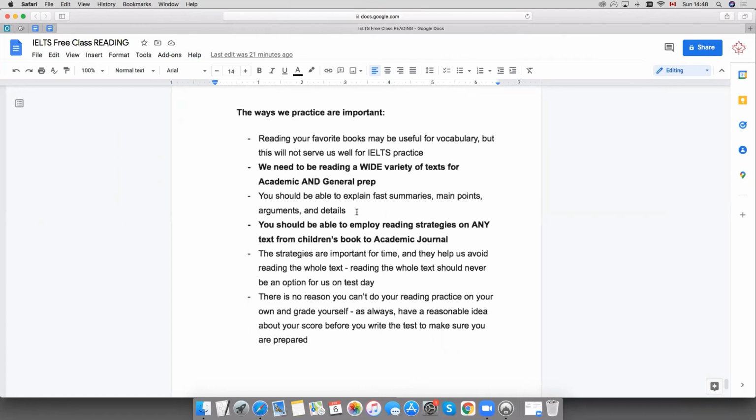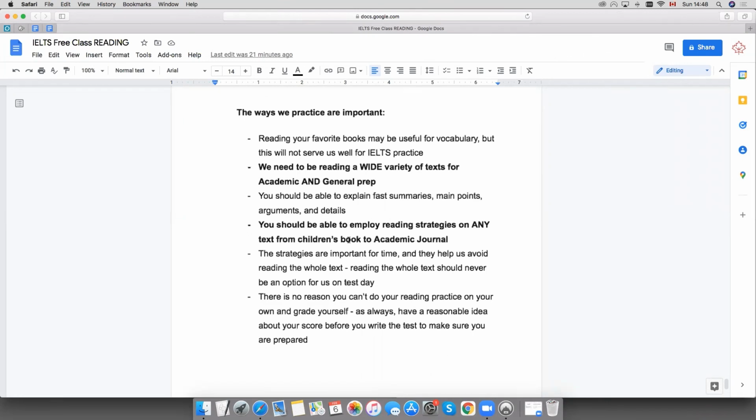How do you know when you're prepared? You should be able to use your reading strategies on any text from a children's book level all the way to an academic journal. Now, for some of us, that seems a little silly, but it's not. If you're at the point where your vocabulary is not so good yet, still practice these skills because not everybody needs a perfect score.